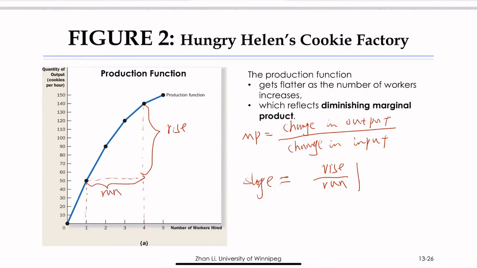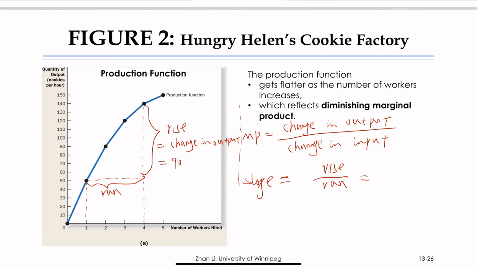And what you can see here is the rise is the same as the change in output, because as you increase the number of workers from 1 to 4, the output increases from 50 to 140. So rise equals the change in output, which equals, I think, 90. What is run?